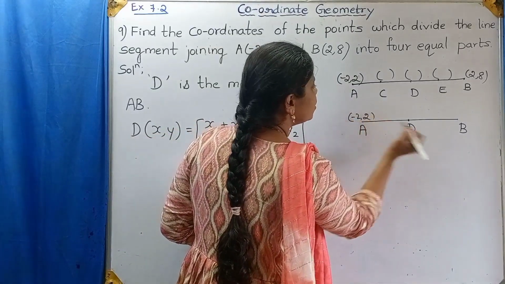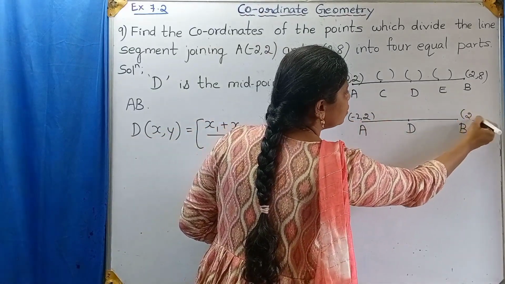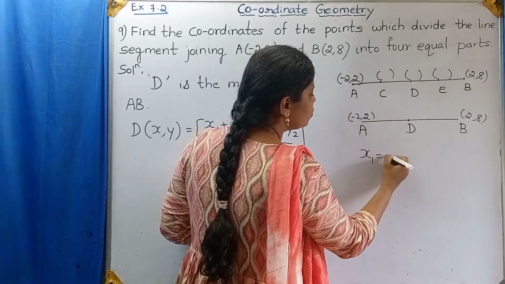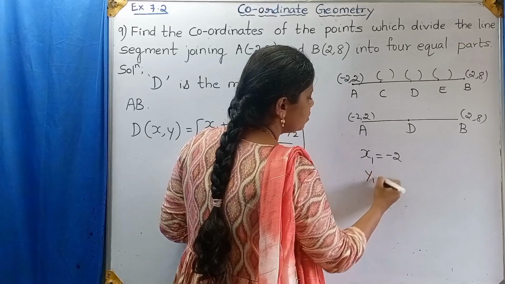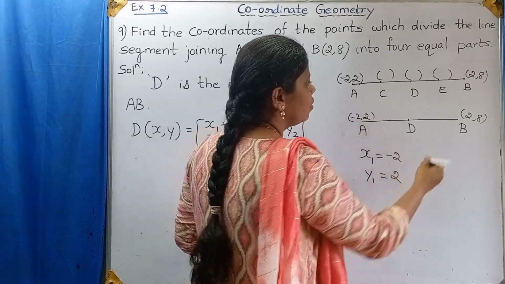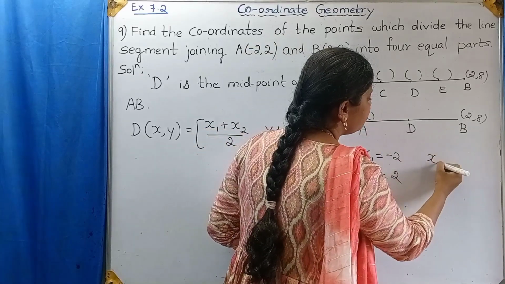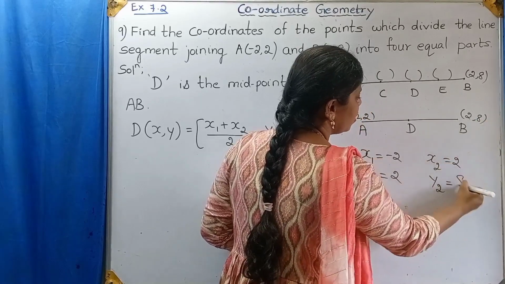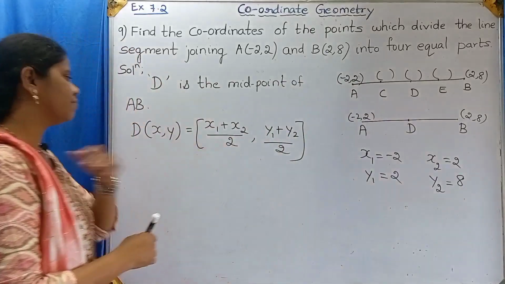The coordinate of A is -2, 2 and the coordinate of B is 2, 8. Therefore, this is our x1, y1. That is x1 is -2 and y1 is 2. x2 is 2 and y2 is 8. Okay. Let us substitute in this.